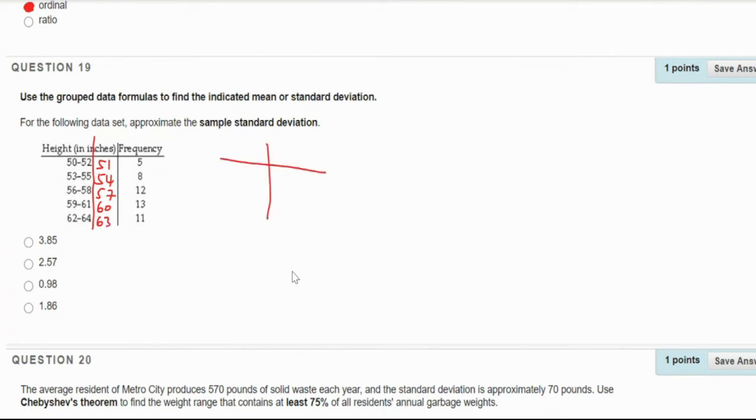Then L2: 5, 8, 12, 13, and 11. If someone has the answer, you could let me know. I don't know what the answer is. It's 3.85. Okay. And we are choosing the sample standard deviation.